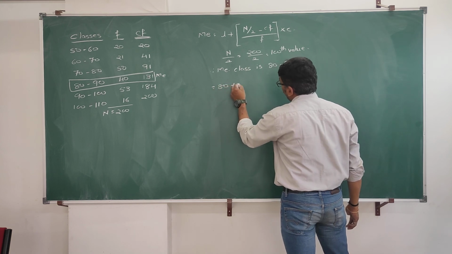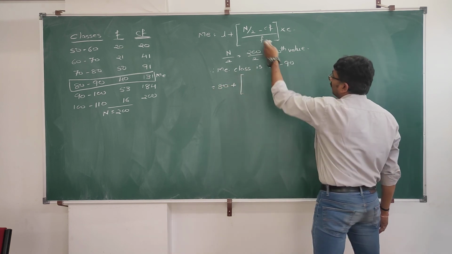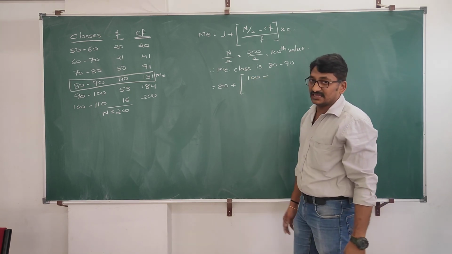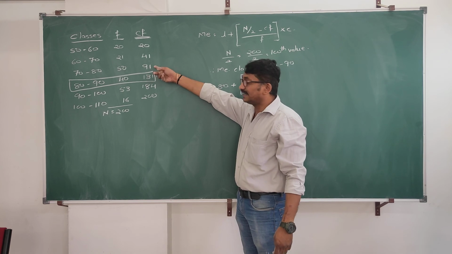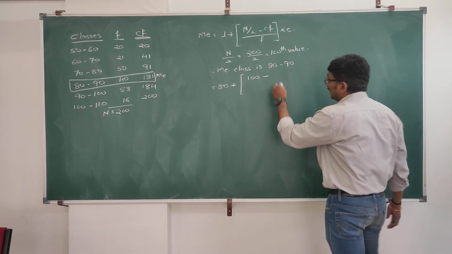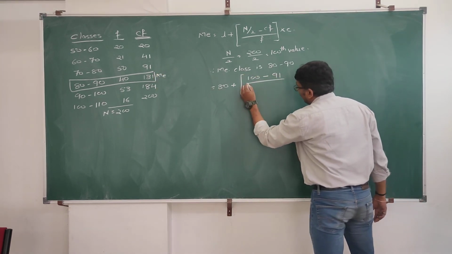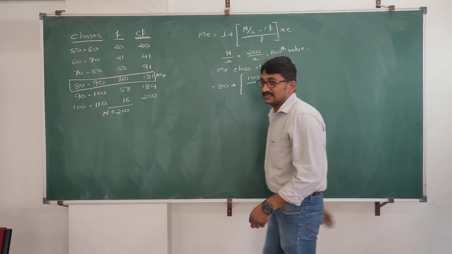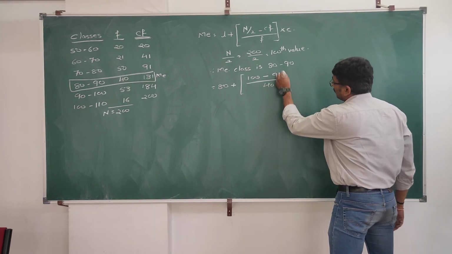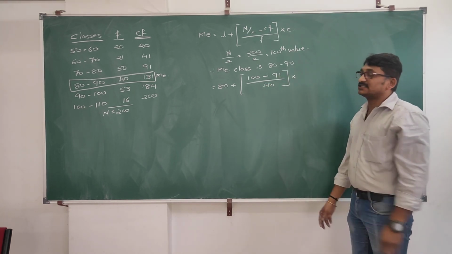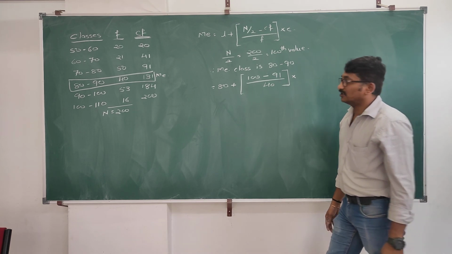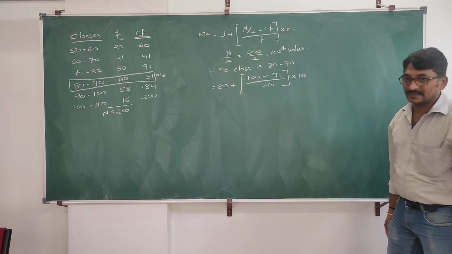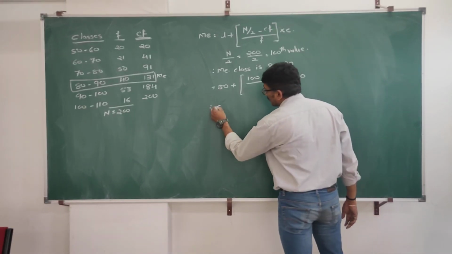So 80 plus, into bracket, n upon 2 you have calculated, that is 100, minus CF. CF is cumulative frequency preceding to median class, preceding value, that is 91, divided by F, frequency of median class, is 40. This is multiplied by C, difference in median class. Difference is 10.